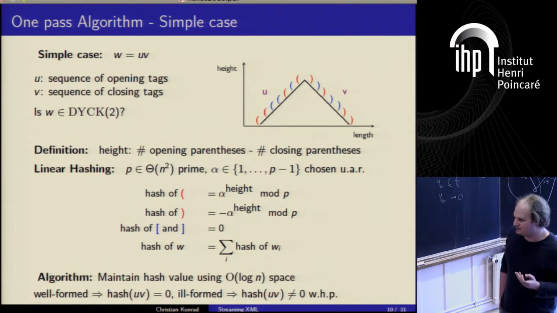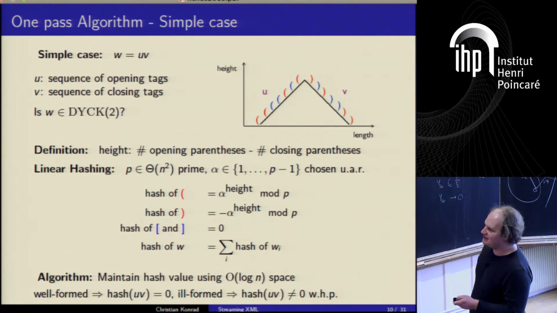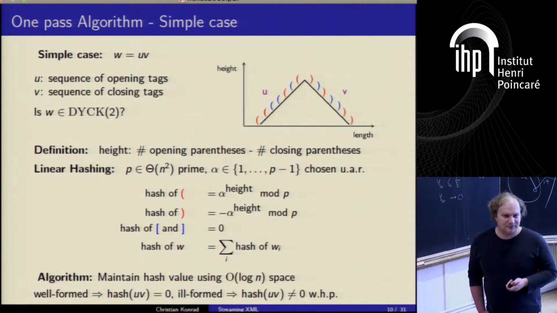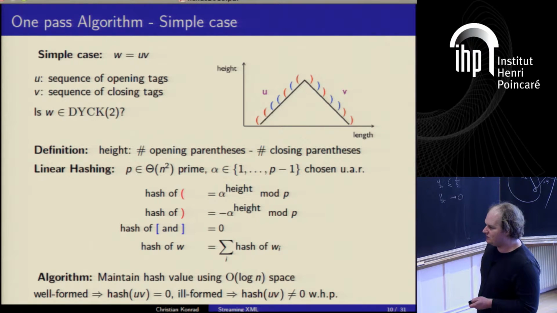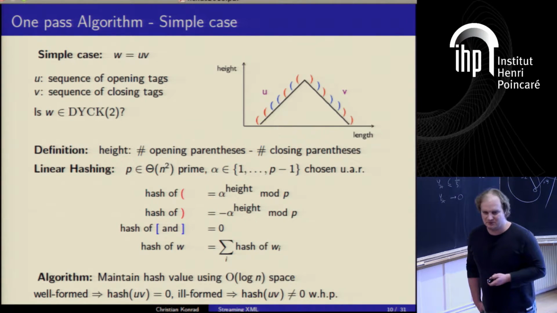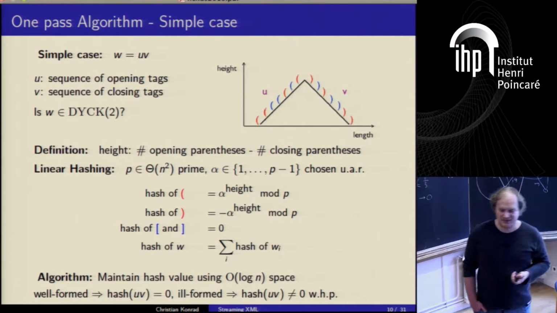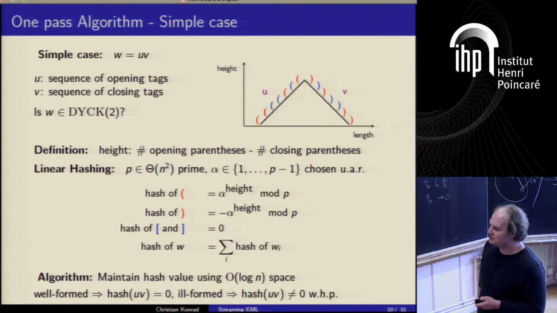They automatically have to be correct for this particular simple instance. So all we have to do is maintain this linear hash value, and if the hash value is 0, we are well formed on this instance. Otherwise, we are ill-formed with high probability. That's what we can get here.